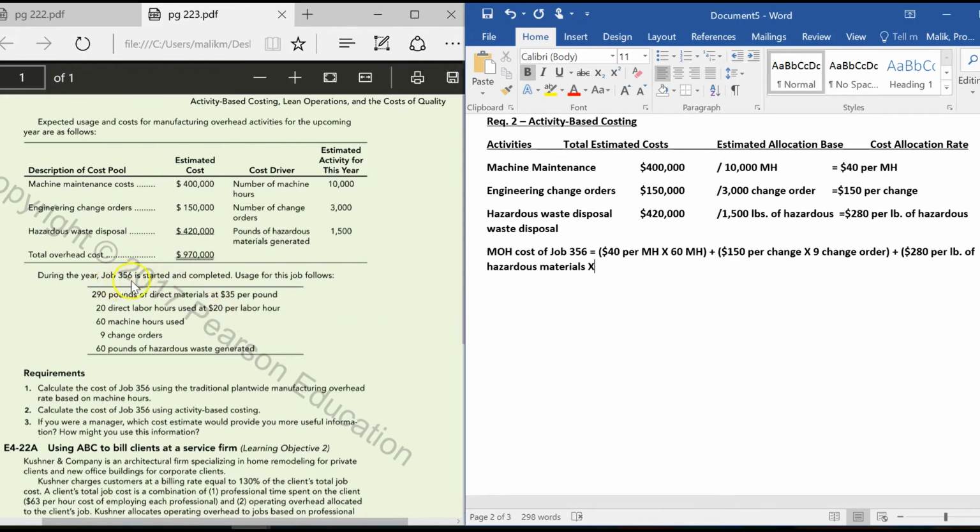For this job 356, they actually generated 60 pounds of hazardous waste material. So the disposal cost will be $280 multiplied by 60 pounds of hazardous materials.